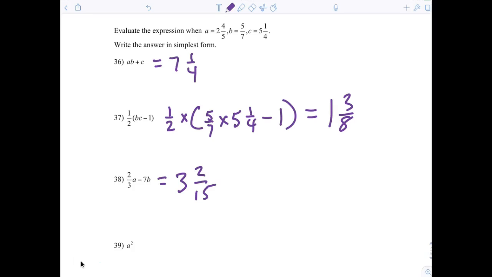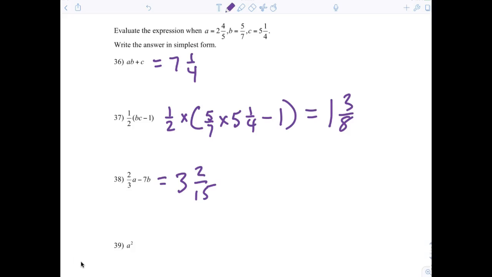Your parentheses right there. I know, I just did that and I got different answers. So 1 ABC 2 times open parentheses. Hey, you're playing around too much.